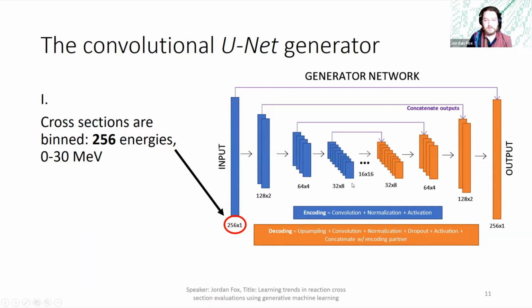So just take this as a schematic, not a literal description of what we're using. And then the decoding sector is shown in orange. Cross sections are binned within 256 energies, like I said, over 0 to 30 MeV.